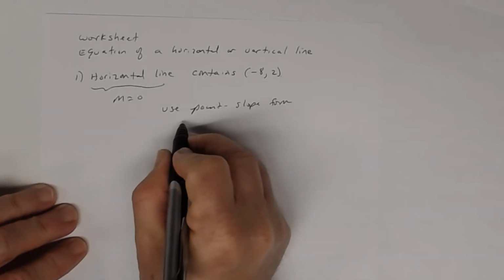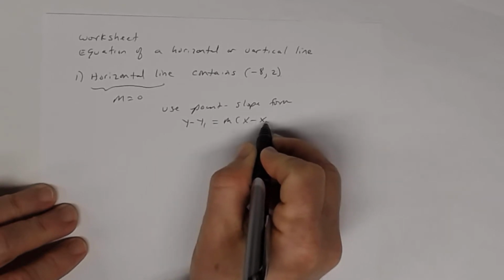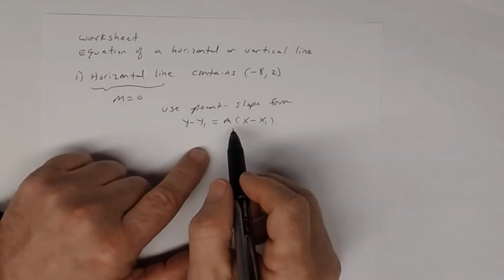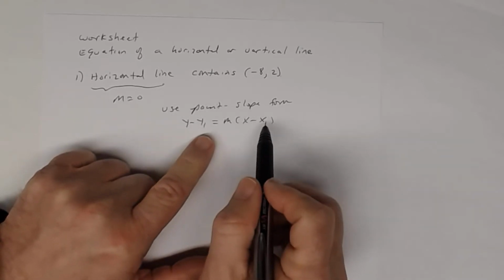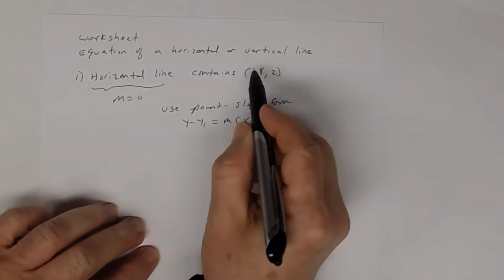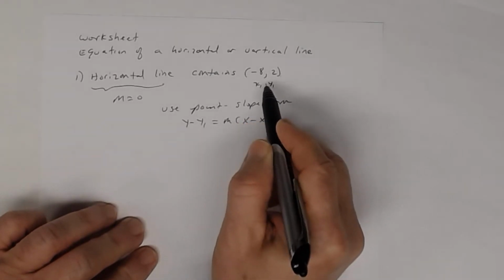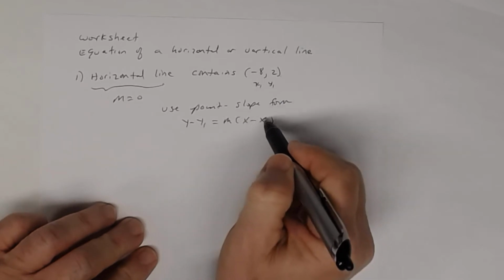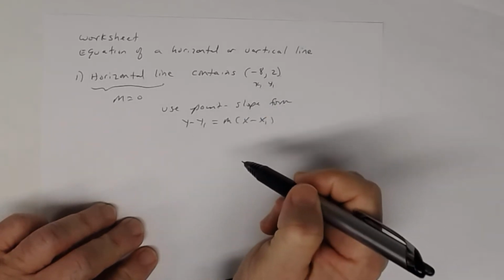Remember, point-slope form is y minus y1 equals the slope times x minus x1. To use it, you need to know the slope, which you do, and a point on the line, which you do. I'll label the point x1, y1. In place of x1, I'll substitute -8, and in place of y1, I'll substitute 2.